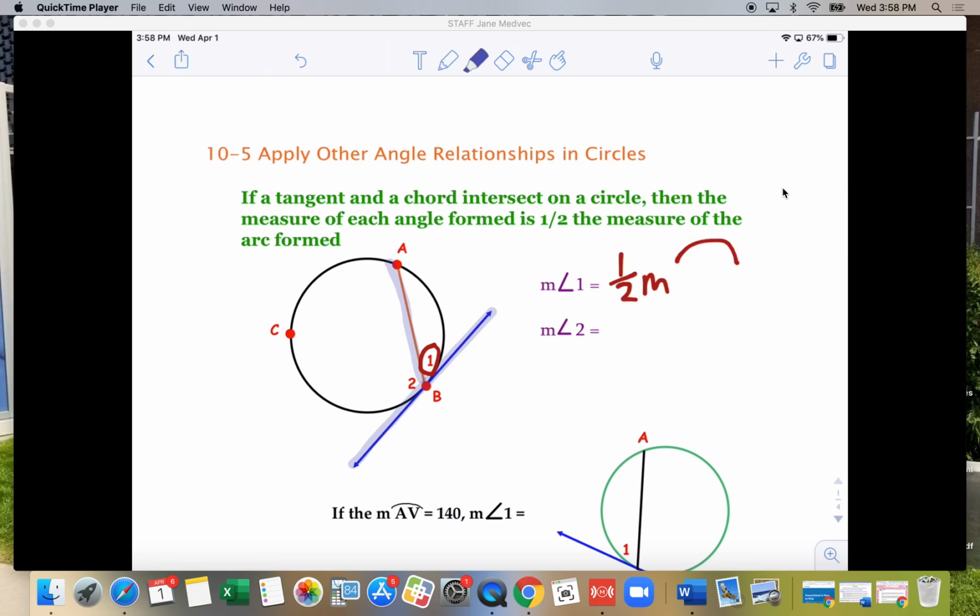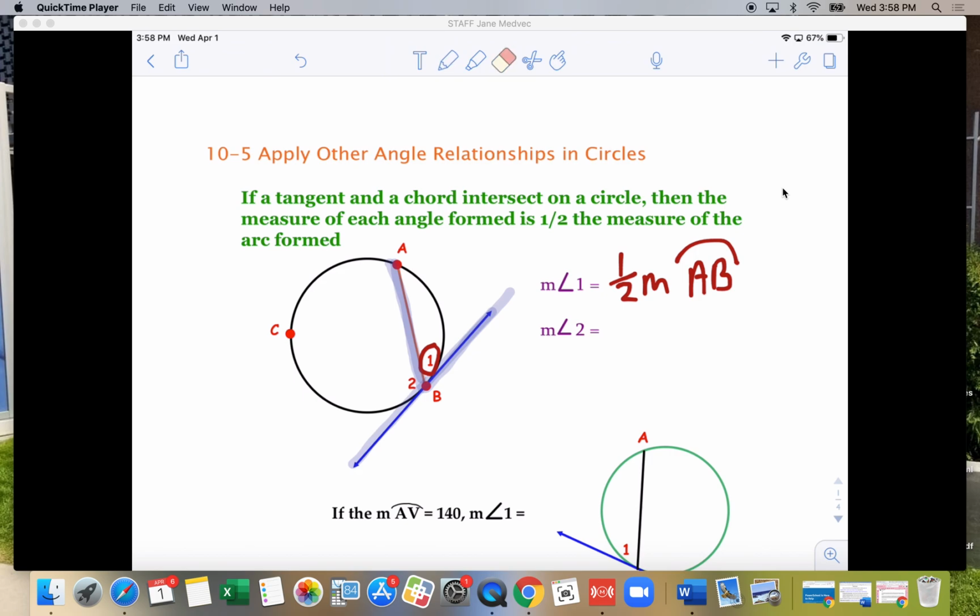The angle is A, B, and then it goes off this way. That would be half of arc AB. You're going to notice that it's AB and not named with 3 letters, primarily because there aren't 3 letters, but also because it's a minor arc.